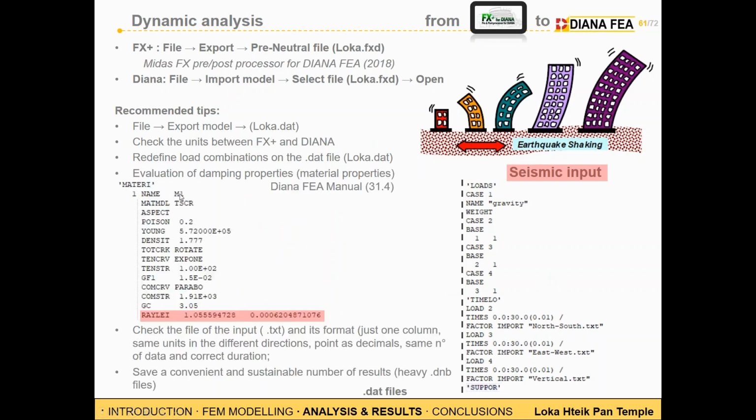Okay. So from the strings related to the material, we have to add the Rayleigh damping, and as we have seen before, we can do it also from the graphical interface, and these two numbers represent the damping properties, which depend on the frequencies you are going to select as representative for the seismic behavior of your structure.